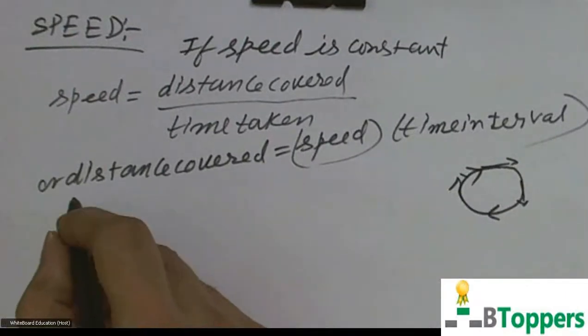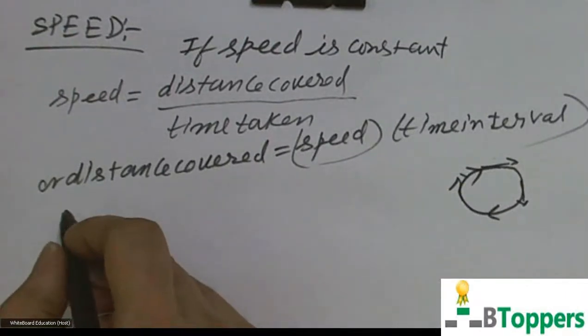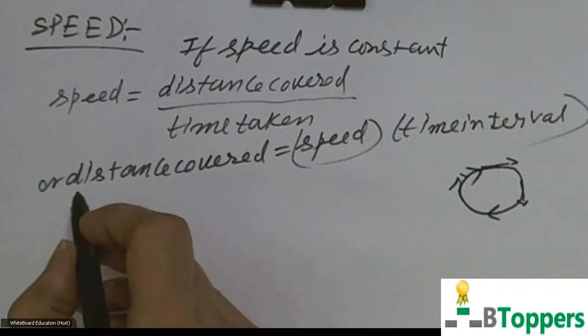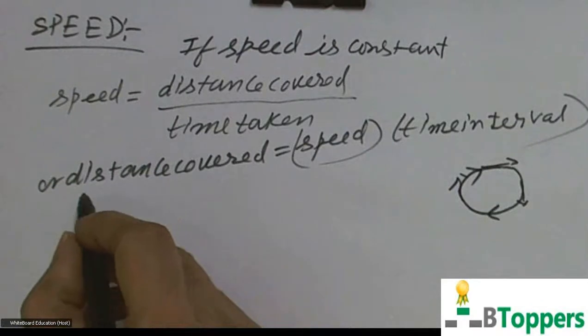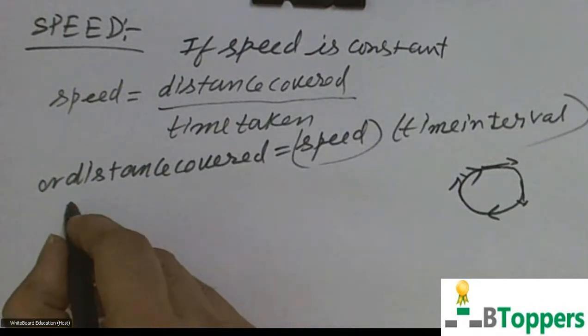A particle is said to be moving with variable speed or non-uniform speed if the particle covers unequal distances in successive equal intervals of time.